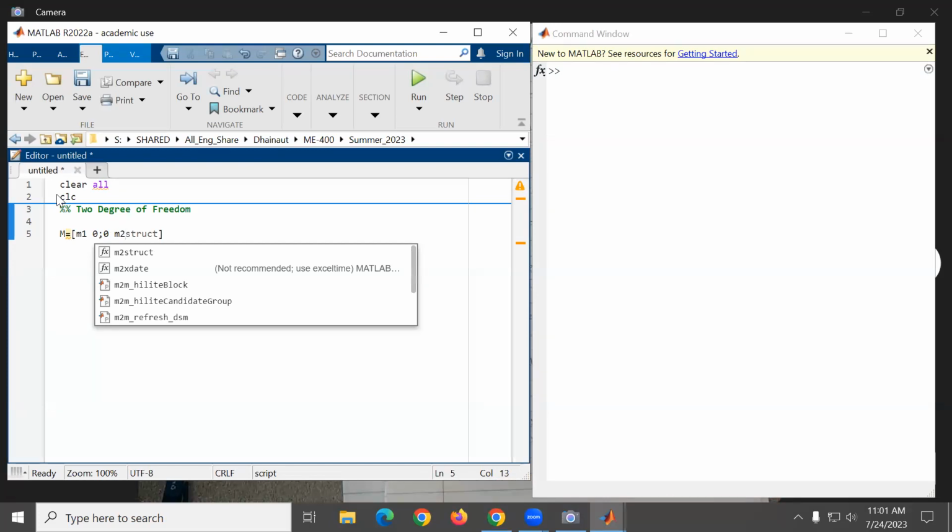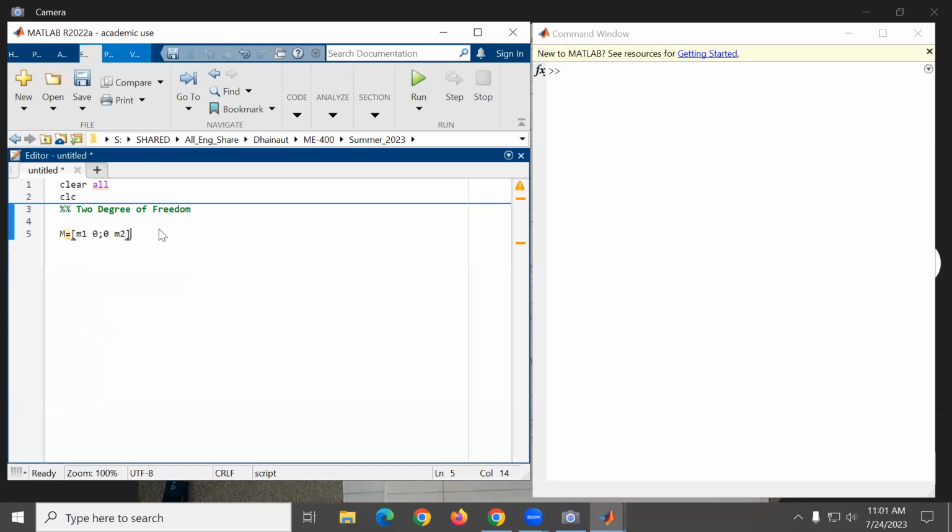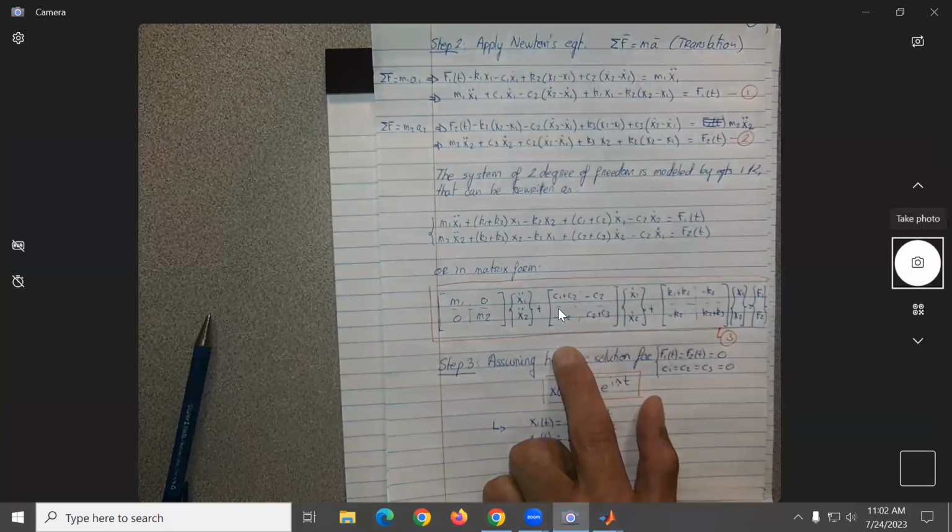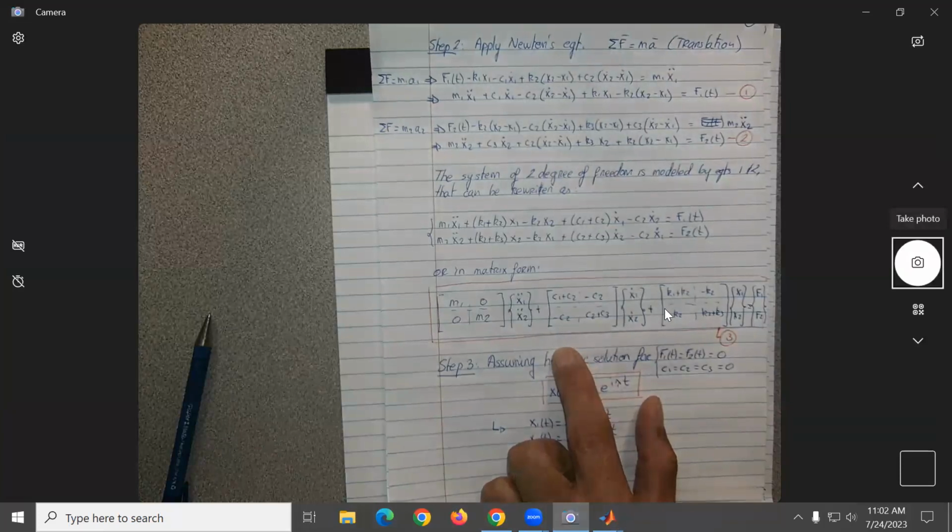Then we can use a matrix K. Again I use the notation that is here, K1, K2, and so on.